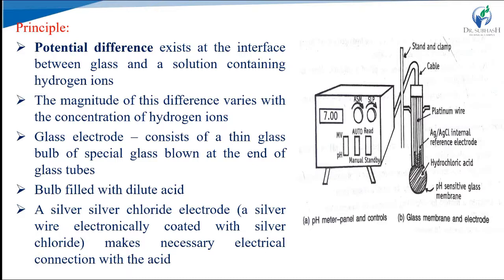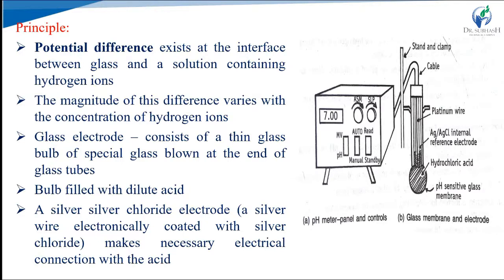So it determines the hydrogen ion activity. Inside there is a solution, and outside the glass is our measuring or sample solution. The potential difference exhibited at the interface is what we measure. The magnitude of this difference varies with the concentration of hydrogen ion.